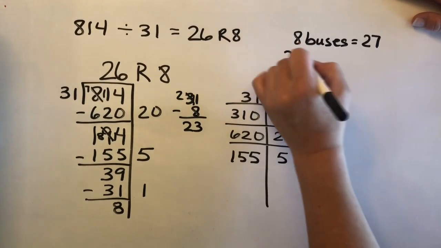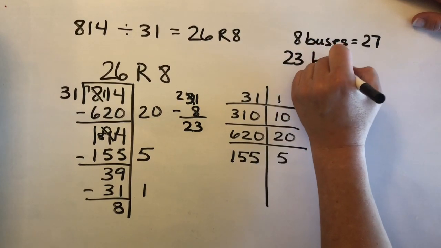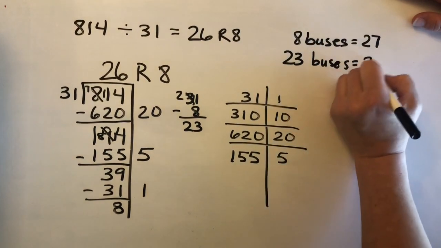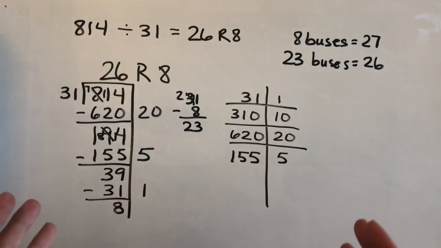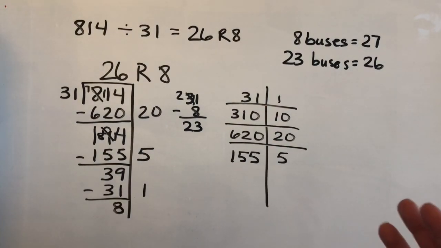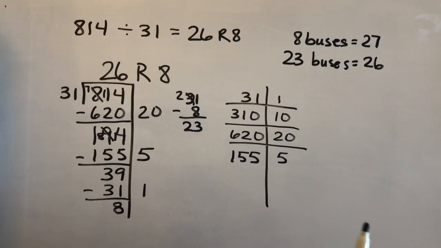So 23 of the buses will have 26 students. So in this case, we had to use the remainder a little bit differently. We couldn't just say there were 26 students on 31 buses. We had to use the remainder for some, because 8 students would just be left back at the school. That doesn't make sense.